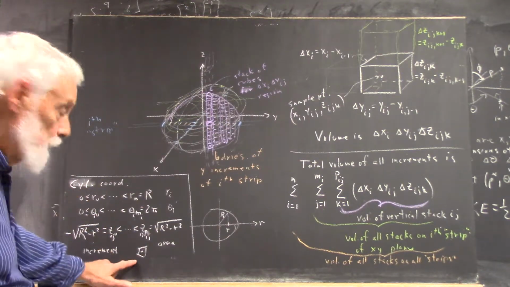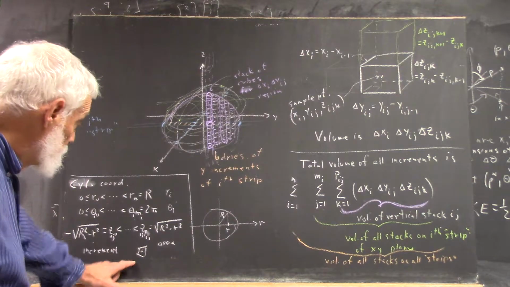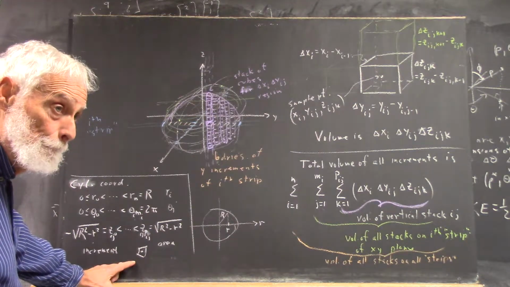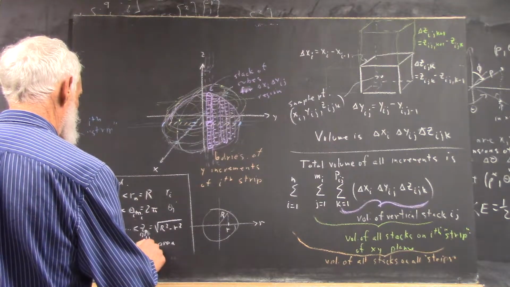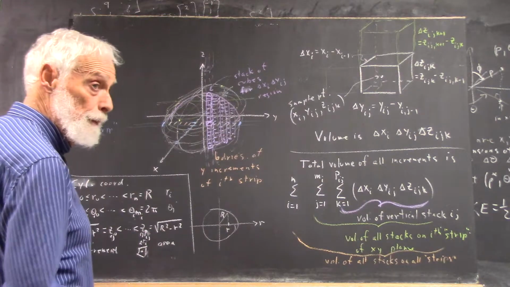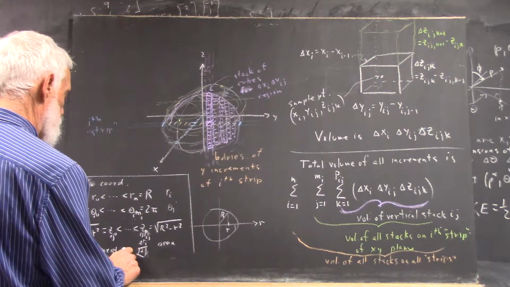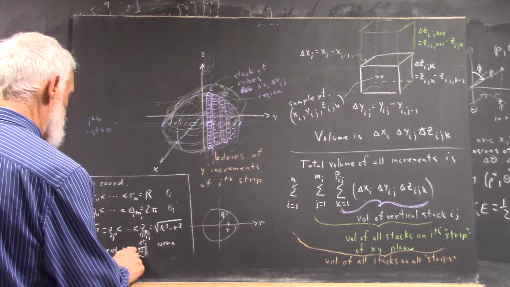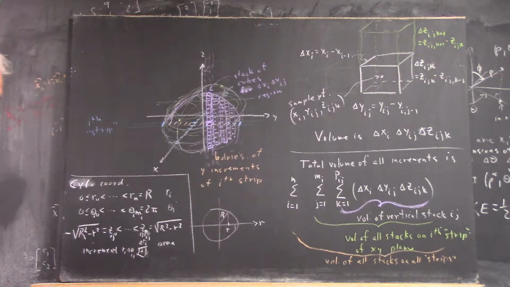But really, I kind of want to cut to the chase here, although we've got a little bit of time left. Here's our typical increment, right? So this is our delta Ri, okay? And this distance here would be our Ri delta theta Ij, okay?